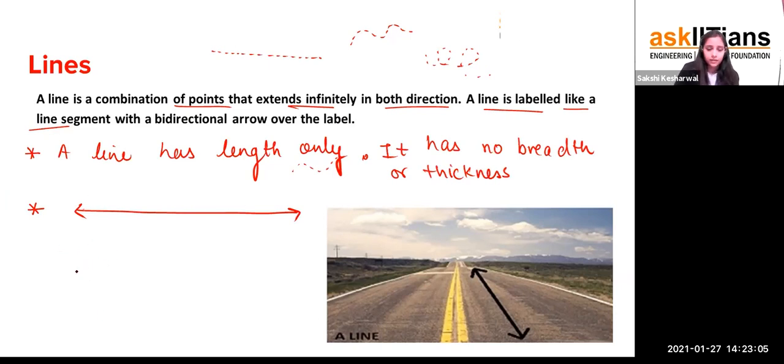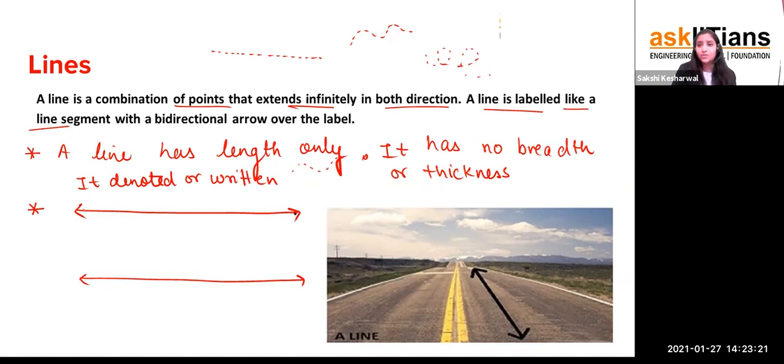If you take a line like this, it is denoted or written like this, right? You draw these two arrows, right? If you see that the road is going like this, either you take any alphabet with a small letter, any small letter, a b c d e f g h i, whatever you feel like. So I'm writing this as L, so it can be written as line L, right? Line L.